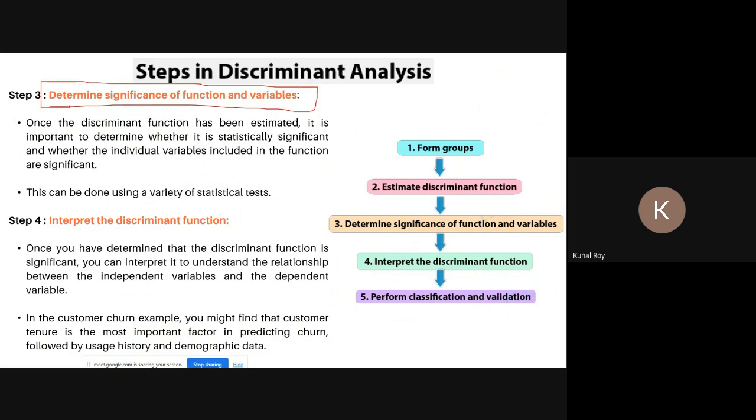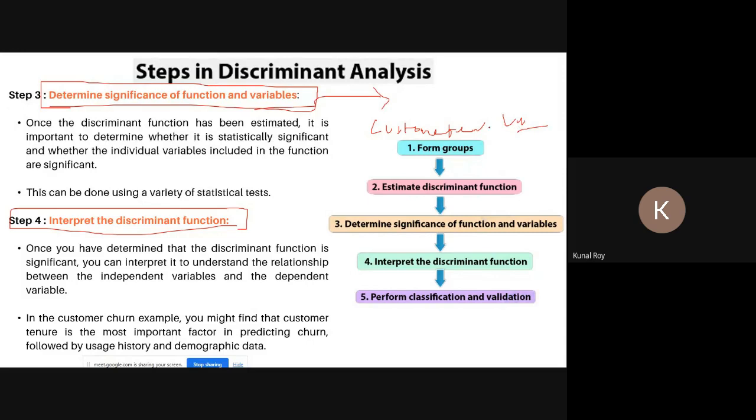Next, determine the significance of functions and variables. This is the third phase of discriminant analysis, that is, how we can determine which are the significant variables and which are not. Next, interpret the discriminant function. Suppose I have taken one discriminant function like customer tenure, say a tenure period of 1 year.